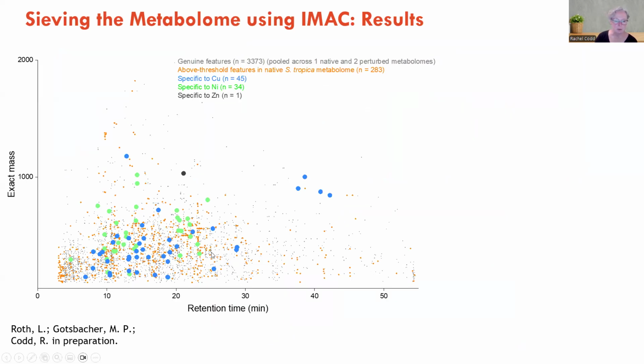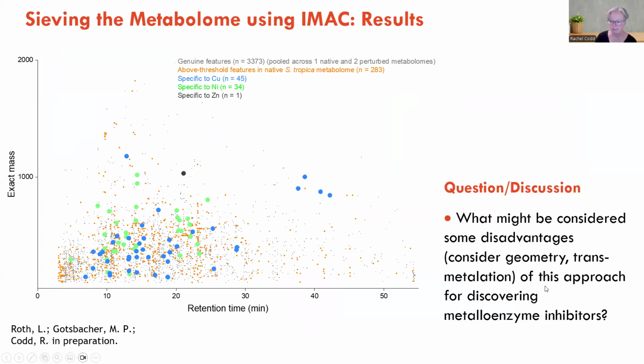And these data, which are unpublished, are just showing us using this and selecting for compounds that are enriched either on a copper resin or a nickel resin or a zinc resin, and we're in the process of finalising this data.